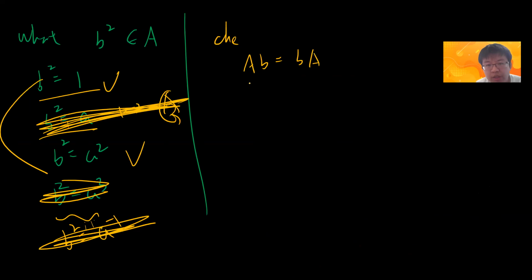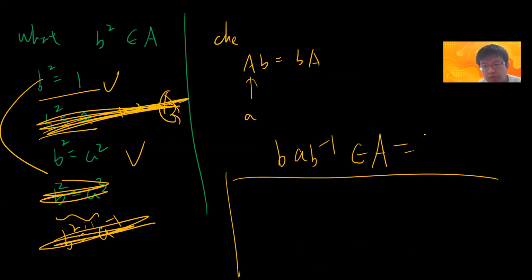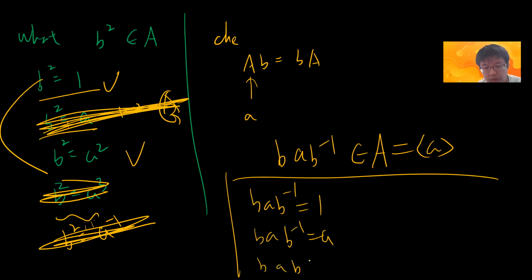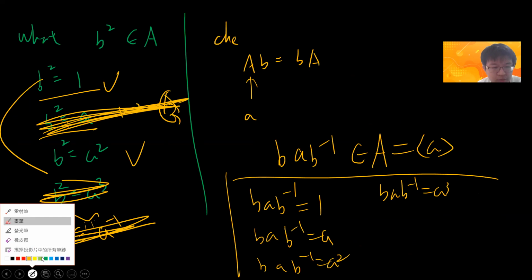So I take element A, and I get B A B inverse must belong to A. So we need to ask what the possibilities are, right? 4 possibilities: BAB inverse is 1, BAB inverse is A, BAB inverse is A squared, BAB inverse is A cube. Okay, so let's do some elimination.